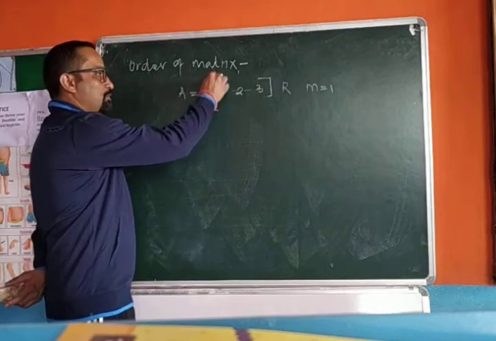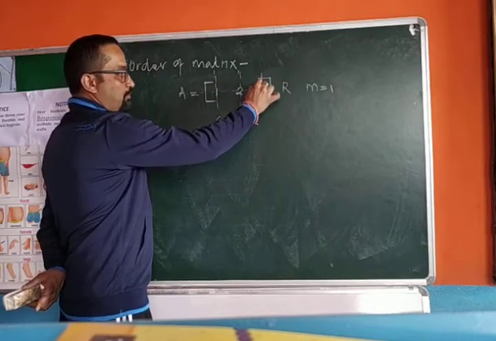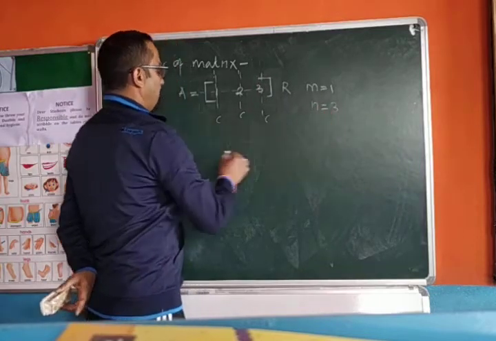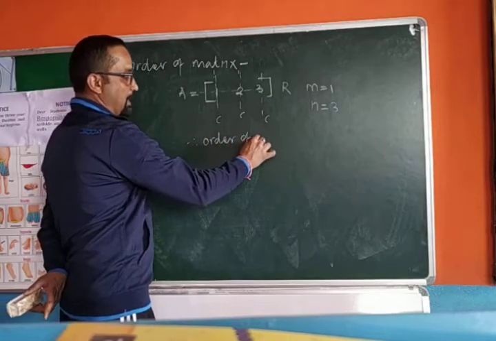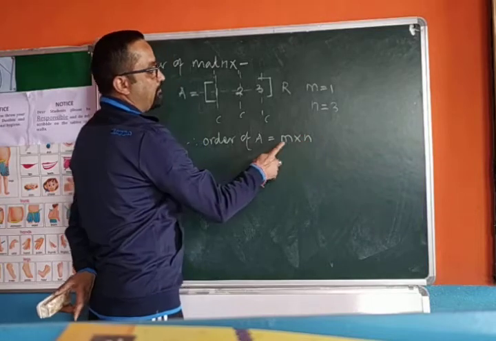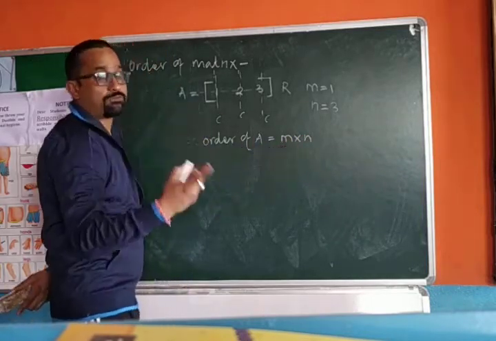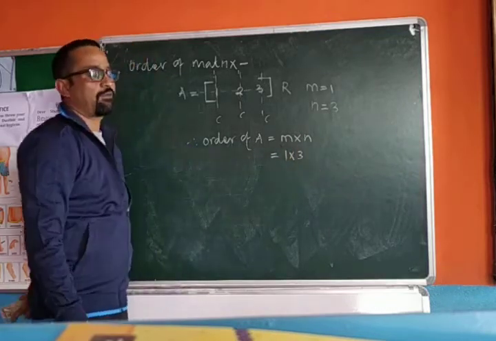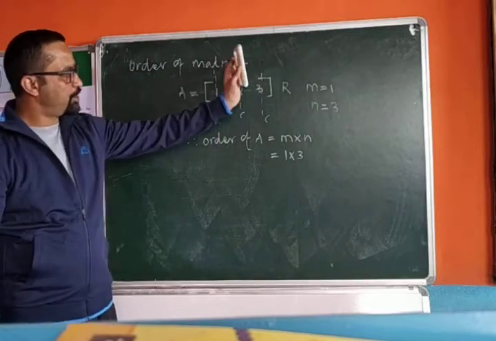How many columns? 1 column, 2 columns, 3 columns, so n is 3. Therefore, the order of A is always m cross n. M stands for number of rows, n stands for number of columns, so it is 1 cross 3. 1 row, 3 columns.